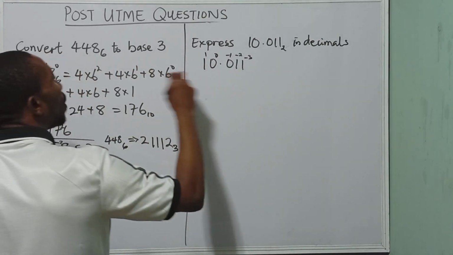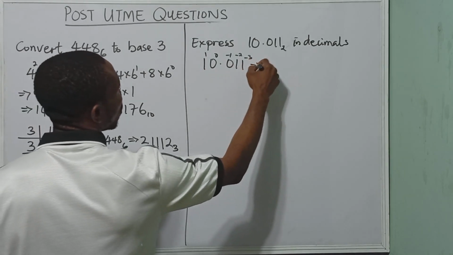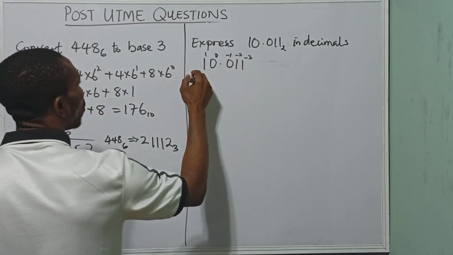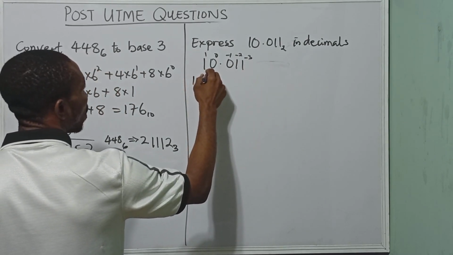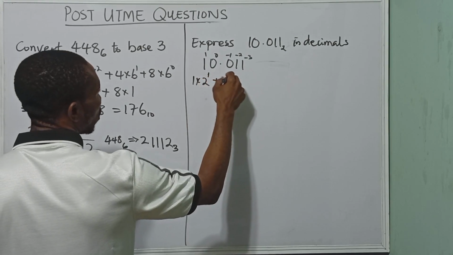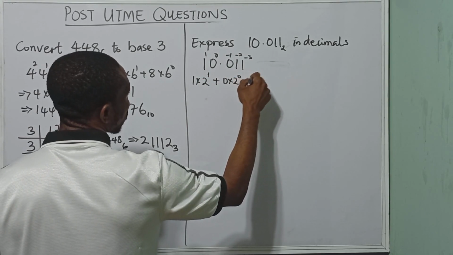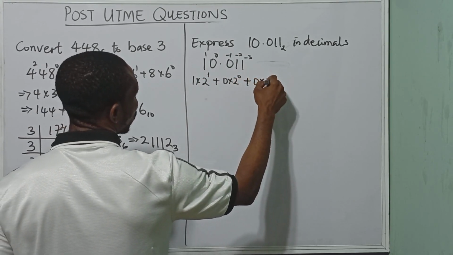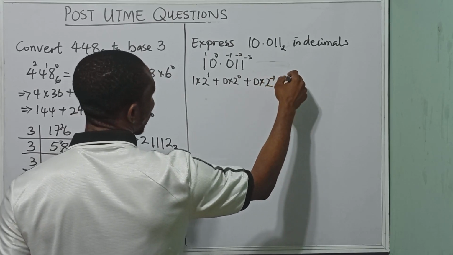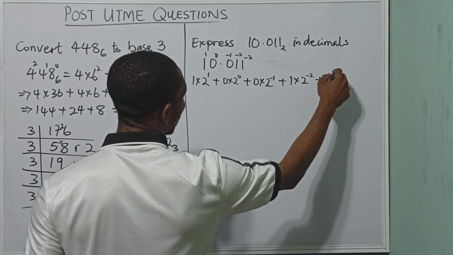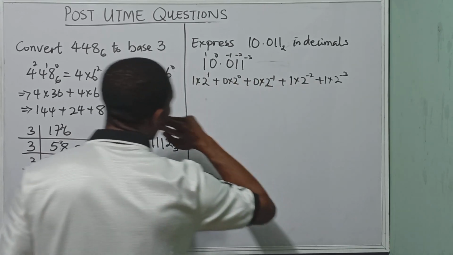So here we have 1 times 2 raised to power 1 plus 0 times 2 raised to power 0 plus 0 times 2 raised to power minus 1 plus 1 times 2 raised to power minus 2 plus 1 times 2 raised to power minus 3.